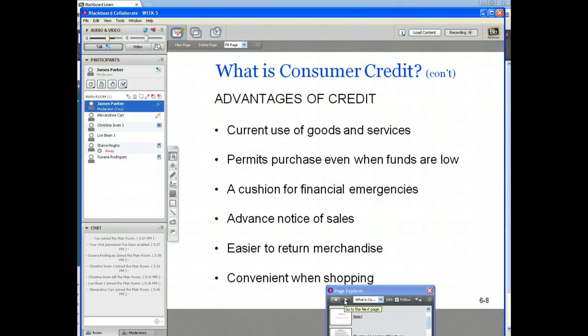Enough said. Advantages of credit. Yeah, the cushion for financial emergencies, if you can manage your credit well and you can pay off these bills, then, again, opportunity cost. Maybe you can devote a greater portion of your income into investments.